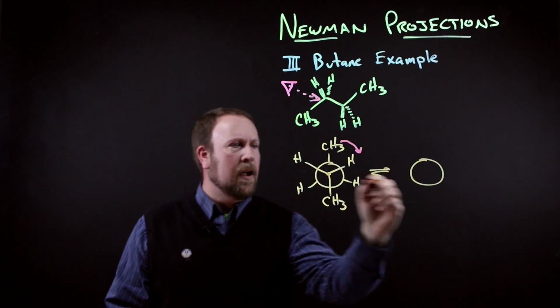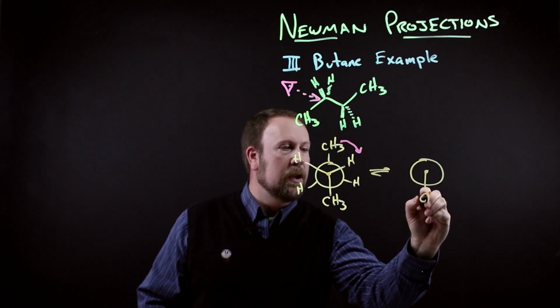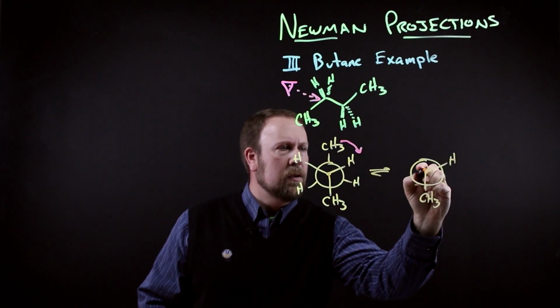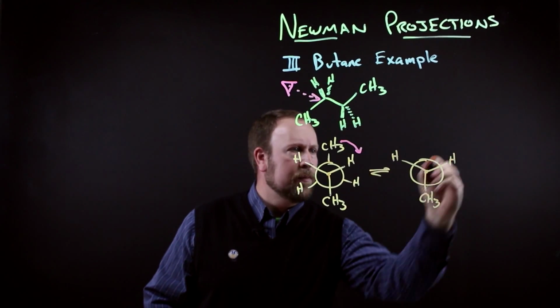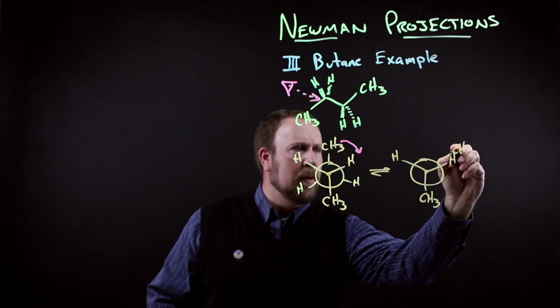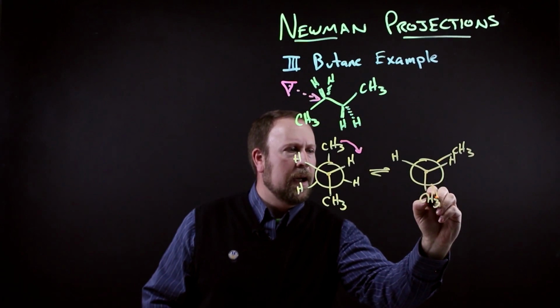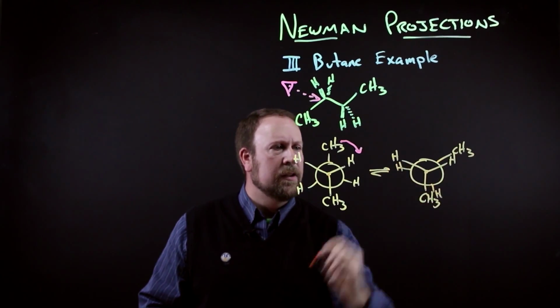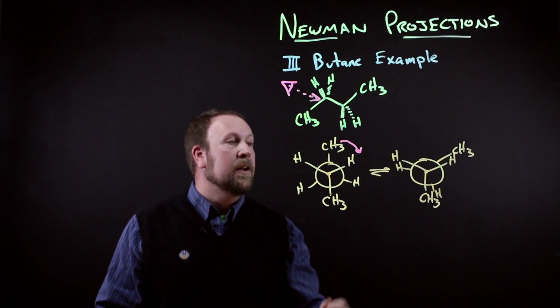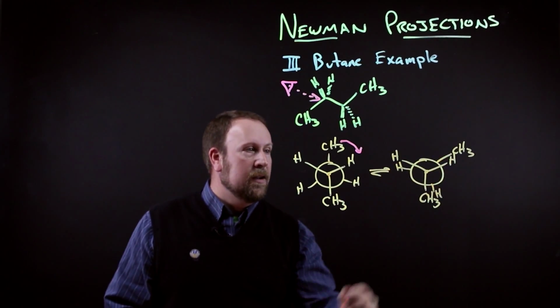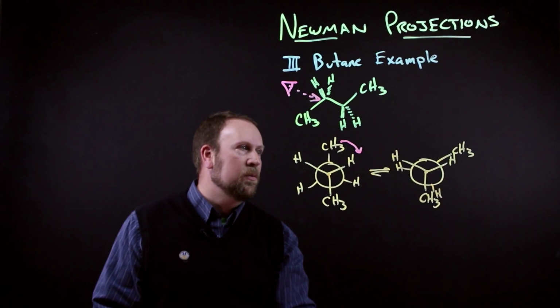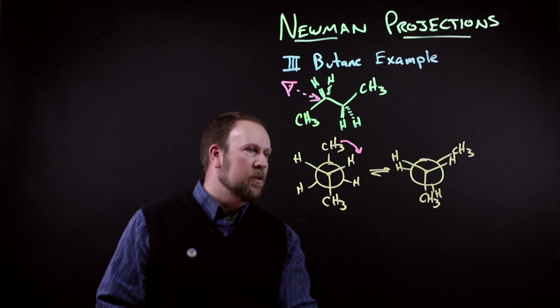we go from a staggered conformation to an eclipse conformation. So our front carbon is exactly the same, but now when we rotate this, we have a methyl group here, a hydrogen that's here, and a hydrogen that's here. Now I'm going to continue to rotate around to try to get all of the 6 possible Newman projections that we can draw in this particular case.